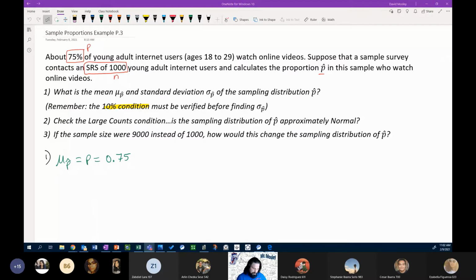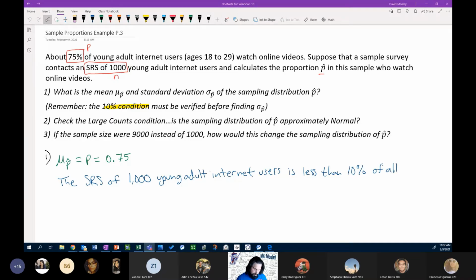Our SRS of 1,000 young adult internet users is not more than, less than 10% of all young adult internet users.